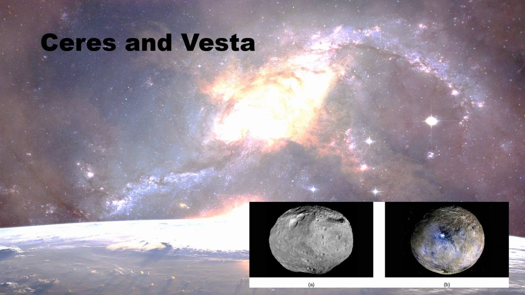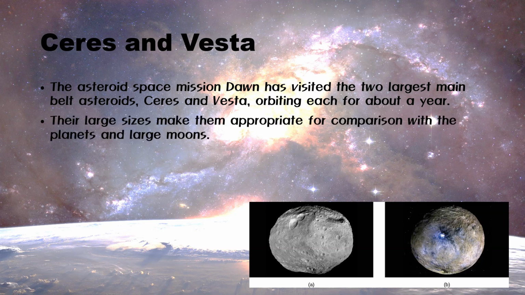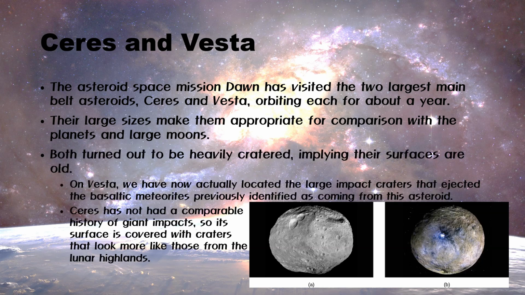But, of course, we can't talk about asteroids without talking about some of the largest, Ceres and Vesta. The asteroid space mission Dawn has visited the two largest main belt asteroids, Ceres and Vesta, orbiting each in turn for about a year. Their large sizes make them suitable for comparison with planets and large moons. Both turned out to be heavily cratered, implying their surfaces are pretty old.